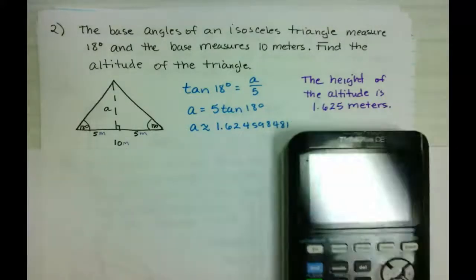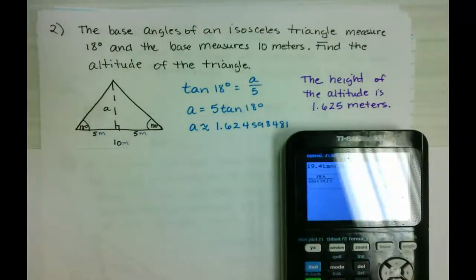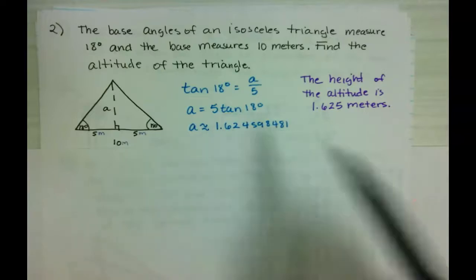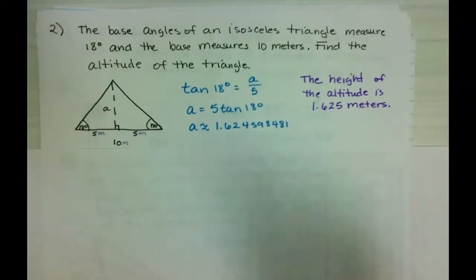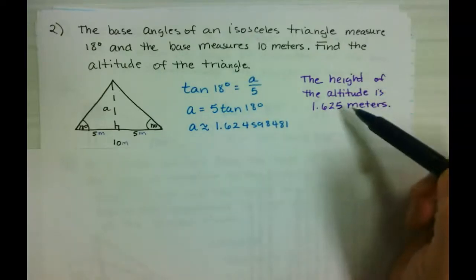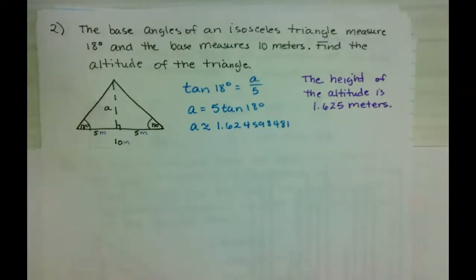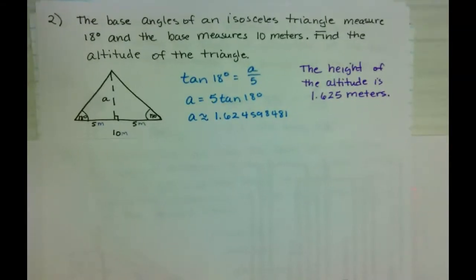And then I go to my calculator and I type in 5 tan 18 degrees and I get 1.624598481, which is right here. And so my statement basically is the height of the altitude is 1.625 meters. And so that's where I've rounded it off. I've made sure I've used my units because it's an application problem.